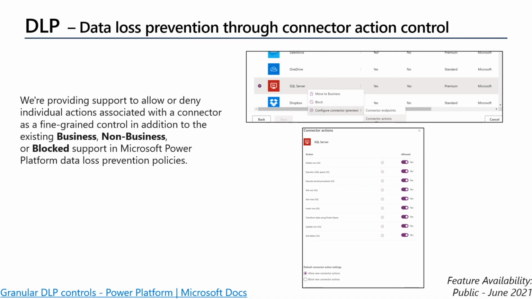You can have allowed actions or blocked actions. So in this Wave 1 release, we are providing support to allow or deny individual actions associated with the connector, in addition to the existing business, non-business, or blocked categories that we can specify on the data loss prevention rules.